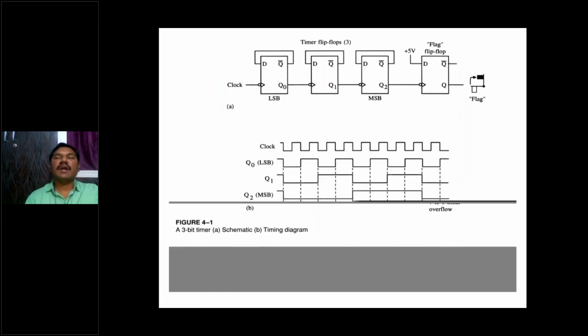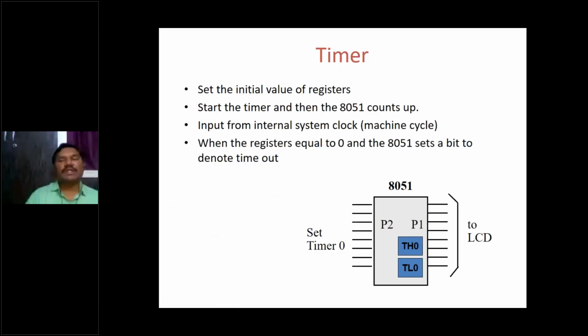As we know from digital electronics, counters are designed using flip-flops only. And here this is one circuit diagram which has 4 flip-flops, so it is a 4-bit counter circuit.